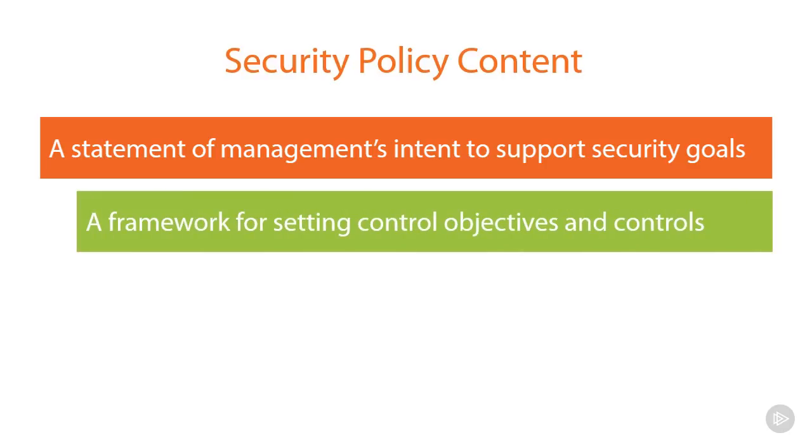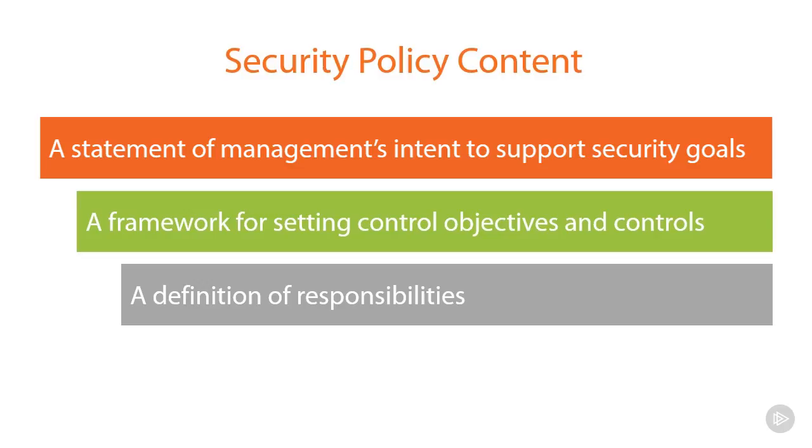A framework for setting control objectives and controls is also important. Everybody has to understand that when their job requirements are changing with regards to security, that they understand how these changes came about. What is the chain of command that allowed these control objectives and controls to be established?